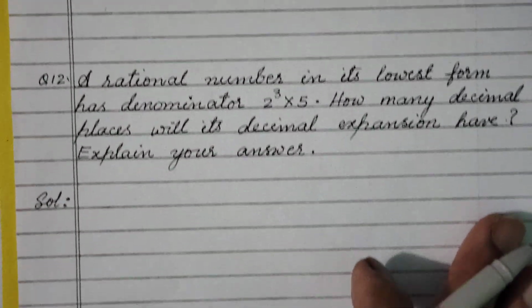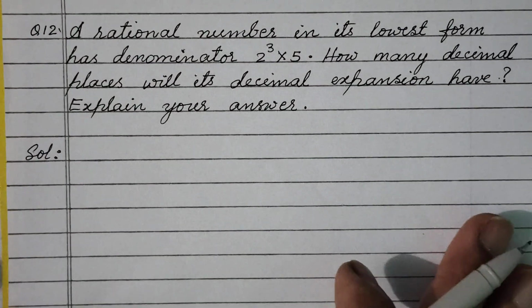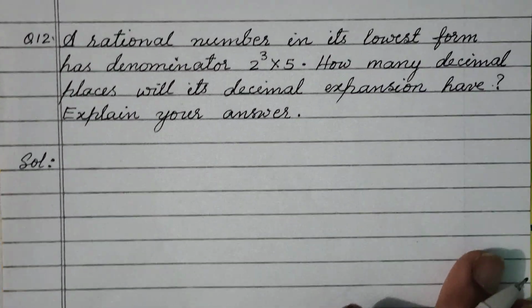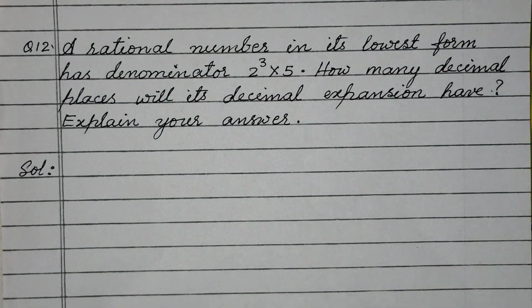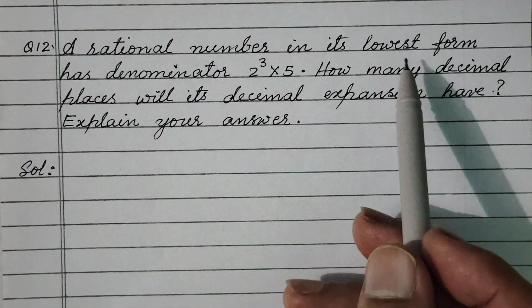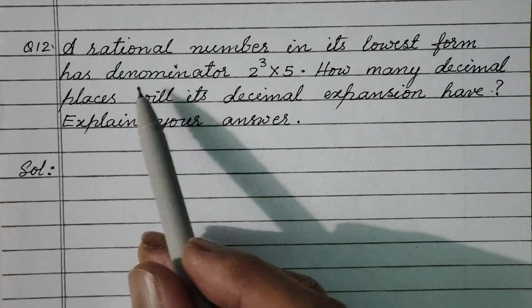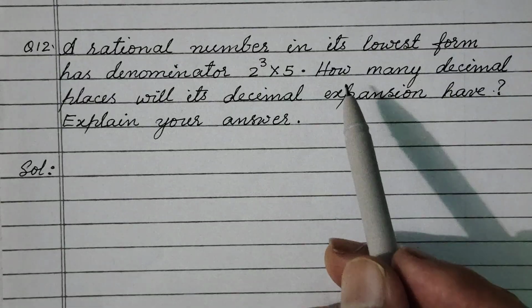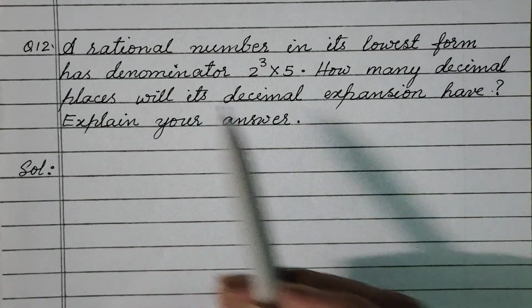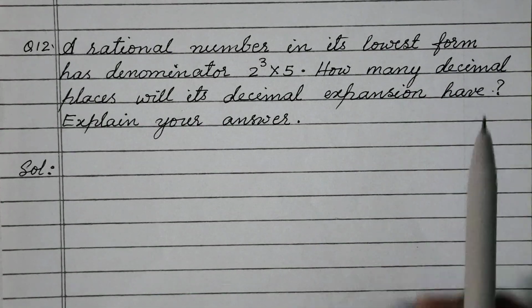Okay, now we'll go to the 12th question. The question says, a rational number in its lowest form has denominator 2 cube into 5. How many decimal places will its decimal expansion have?